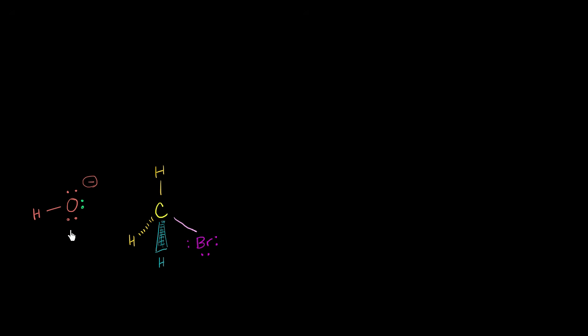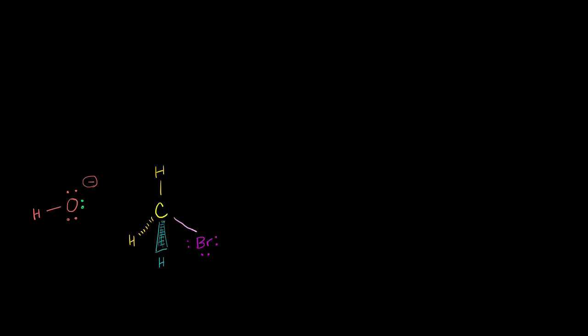So this hydroxide anion, we've already gone over the fact that you can kind of view it as having an extra electron, which gives it this negative charge. Well, if you have a negative charged anion like this, it will be attracted to positive things. And one example of a positive thing is a nucleus.